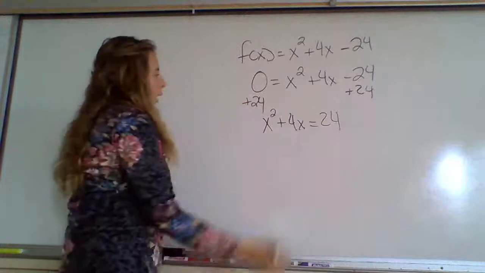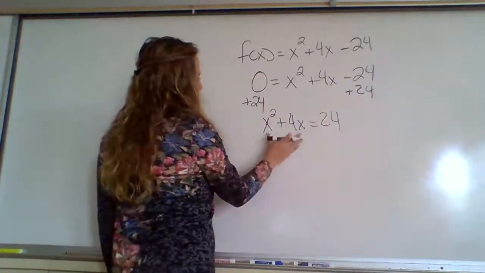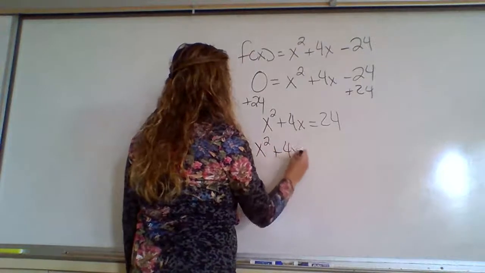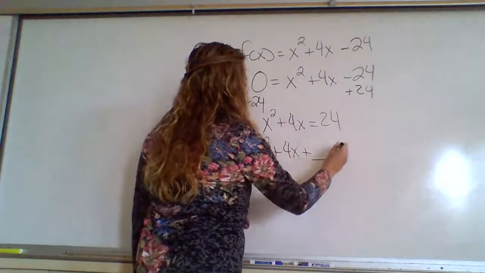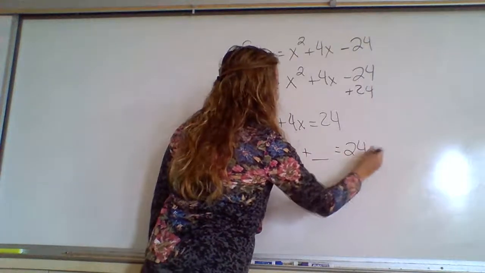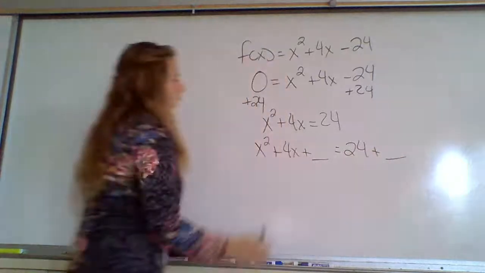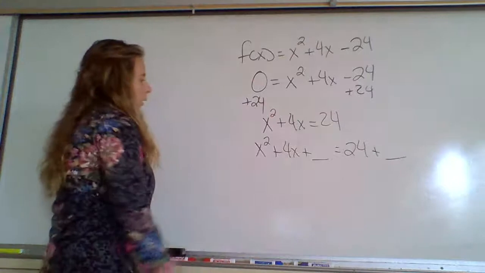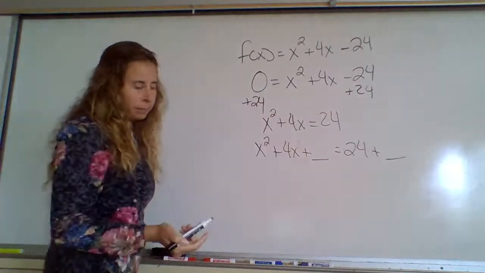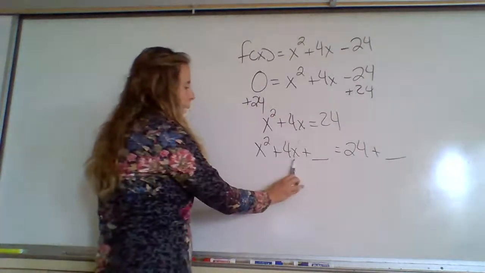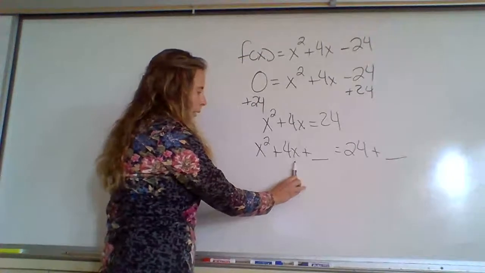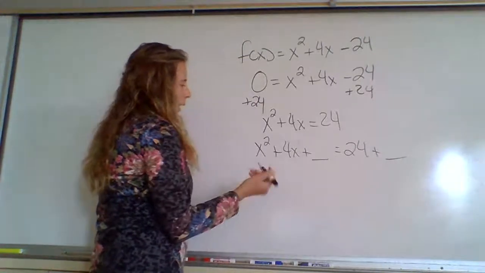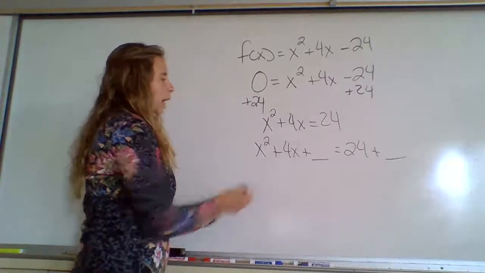Okay. Now we're going to complete the square on this side. So x squared plus 4x plus blank equals 24 plus blank. Whatever I add on over here, I also have to add on over there. So complete the square. Take half of b and square it. So half of b is 2.